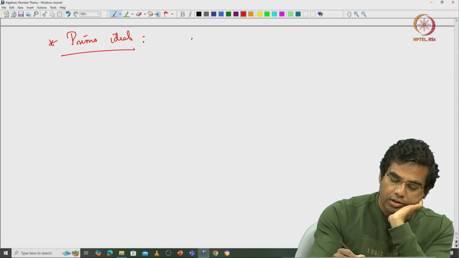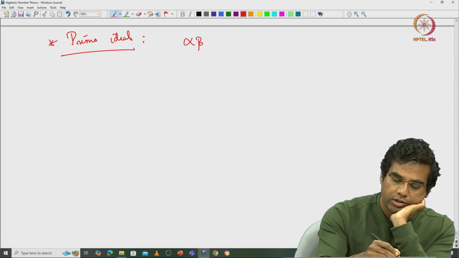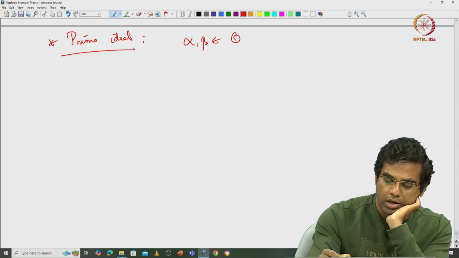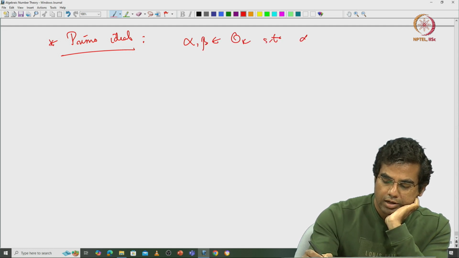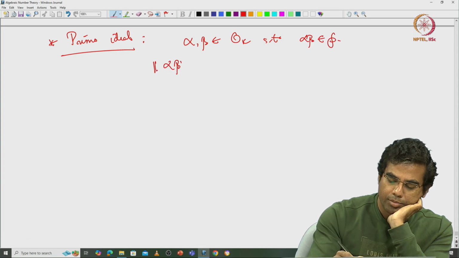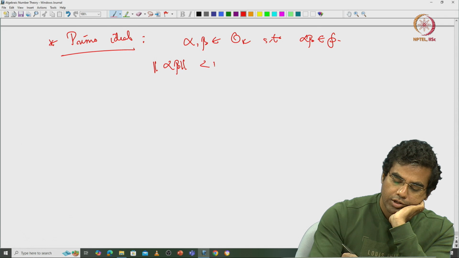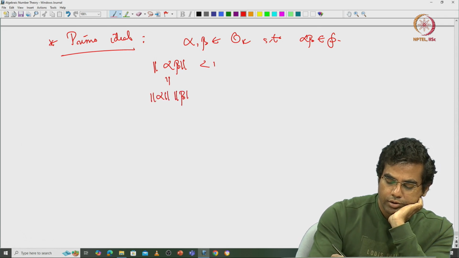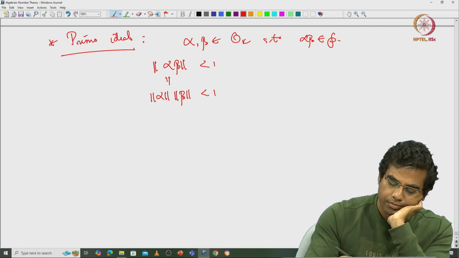What does that mean? If alpha, beta are two elements in OK such that alpha beta belongs to P, then valuation of alpha beta is less than 1. But on the other hand, this is equal to valuation of alpha times valuation of beta, right.